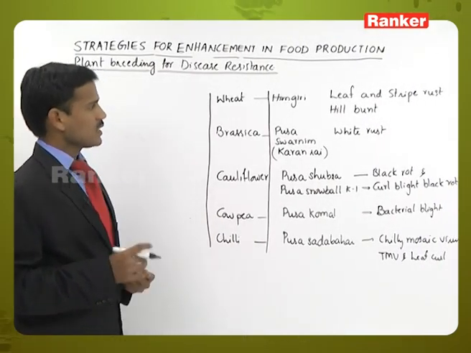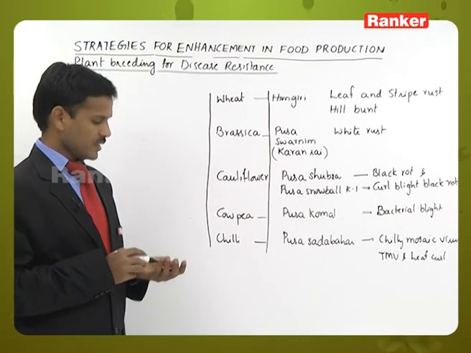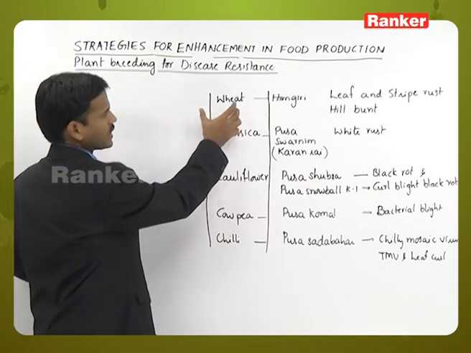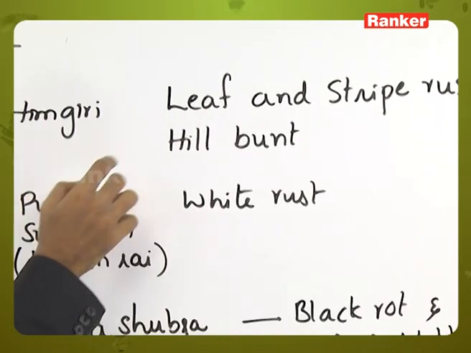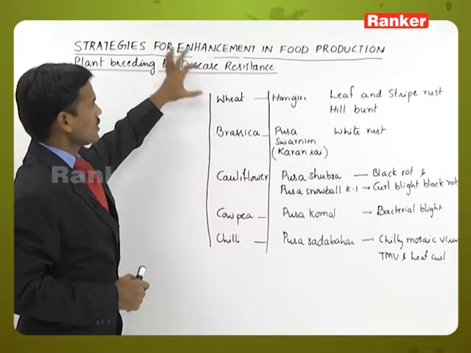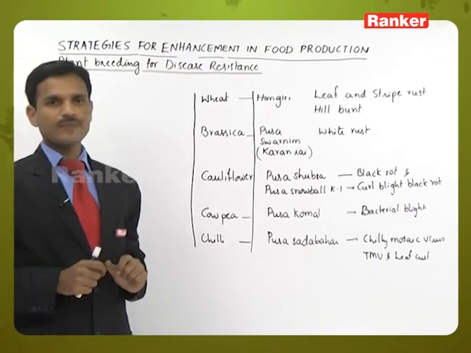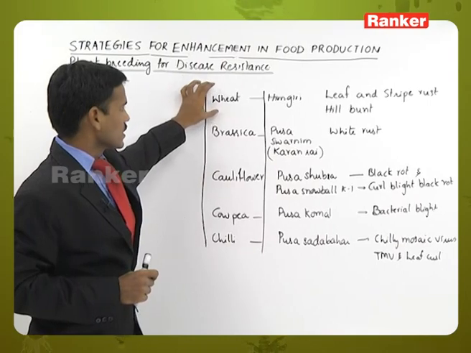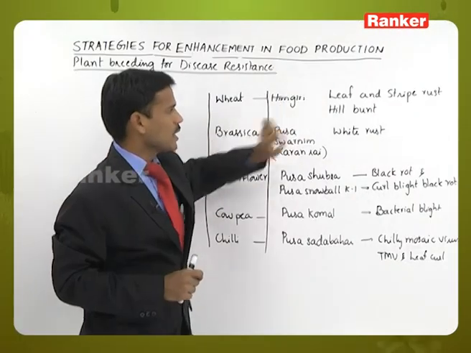All these plants are generally susceptible to different diseases. The wheat plant is generally susceptible to leaf and stripe rust and hill bunt. After the incorporation of the disease resistance quality, it shows resistance to leaf and stripe rust and hill bunt.